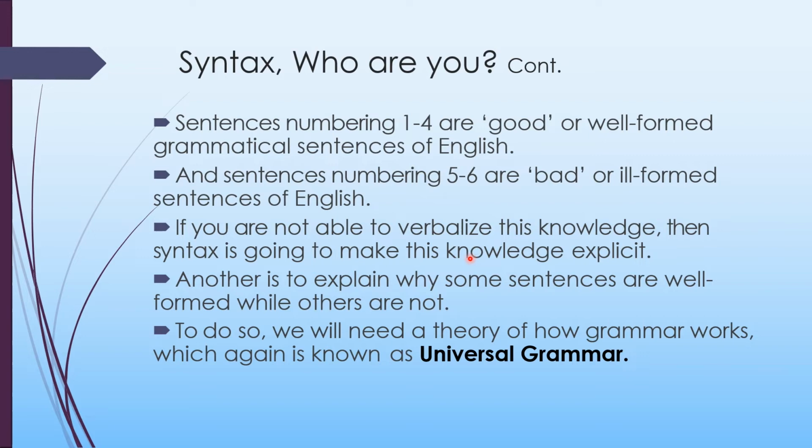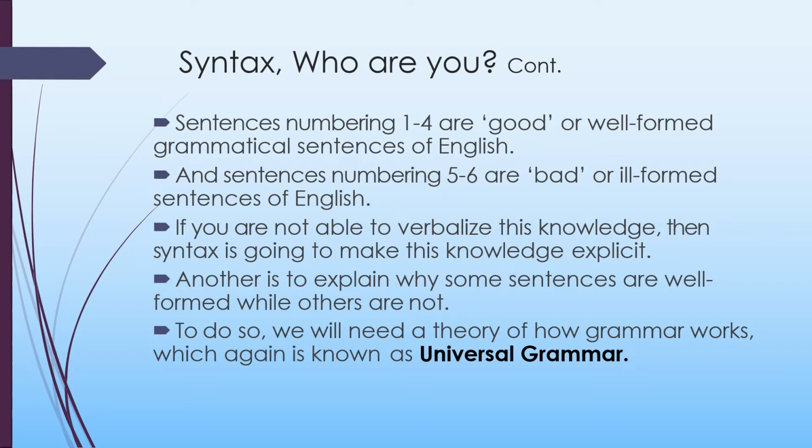In order to understand the theory of how grammar works, the theory of how sentences are structured, we need to know the universal grammar. Universal grammar refers to one particular grammar which explains many grammatical patterns in a singular format.